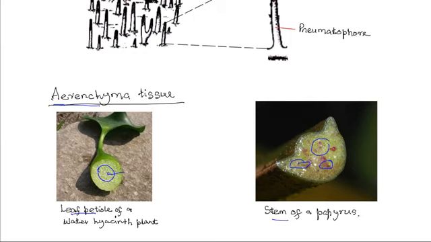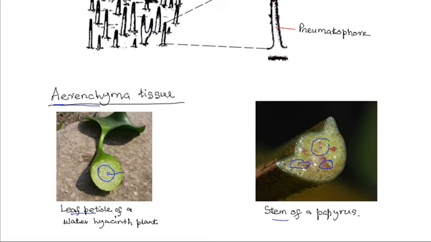For example, for the emergent type of plants, like the water lily, the petiole of the leaf is parenchymatous, and through the parenchyma tissues, gases can diffuse rapidly from the leaves into the submerged parts of the plant.